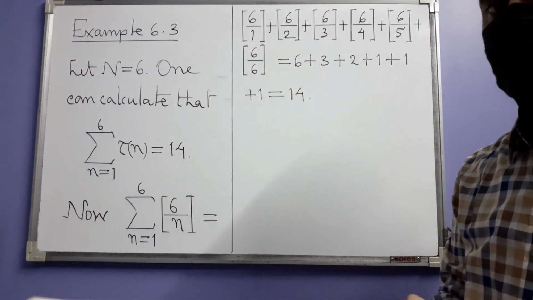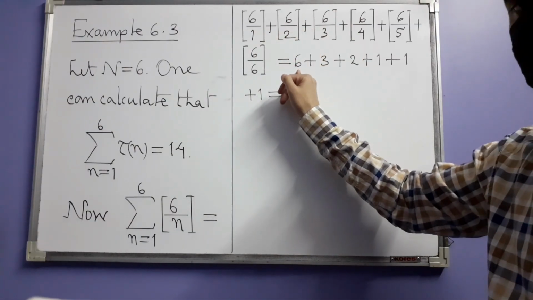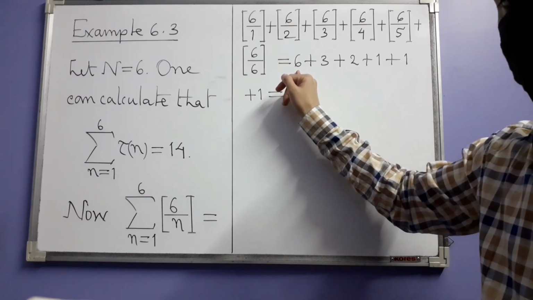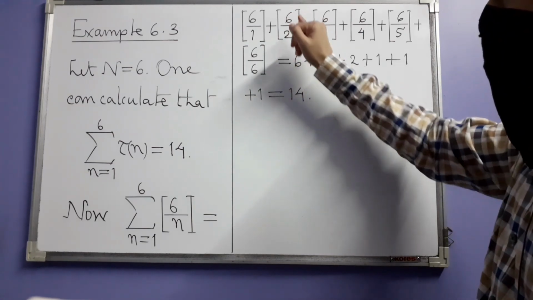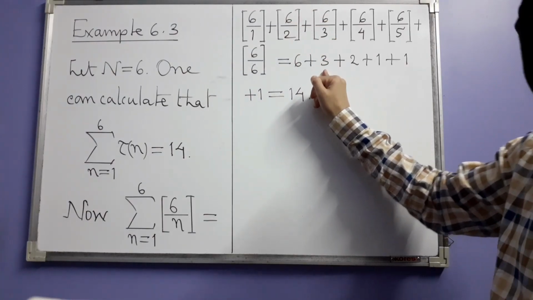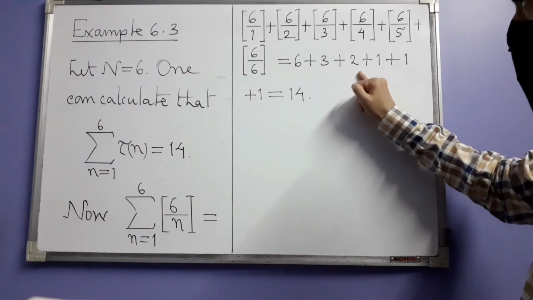6 divided by 1 is 6, and the greatest integer value of 6 is 6 itself, because the input itself is an integer. 6 divided by 2 is 3, and its greatest integer value is 3. Similarly, this one is 2.